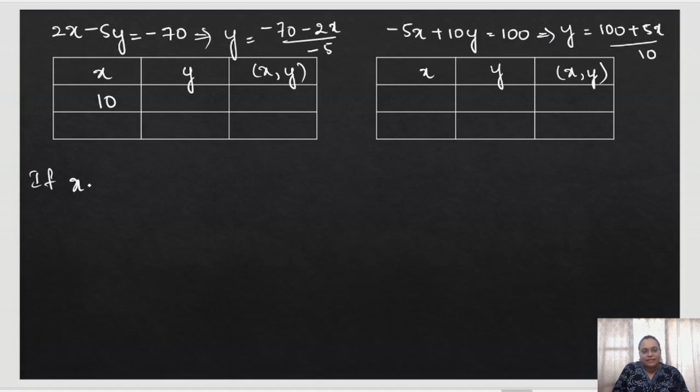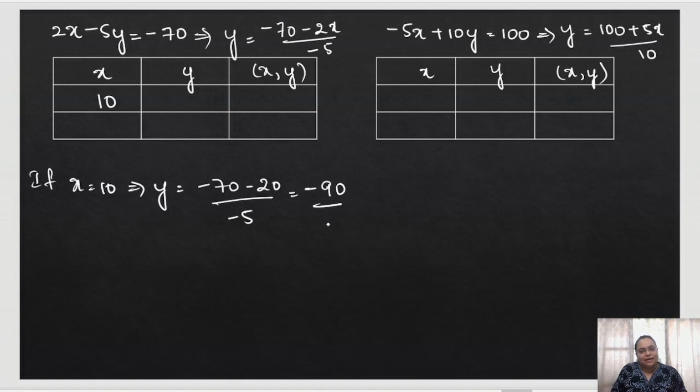If x is 10, then y will be minus 70 minus 20 by minus 5, which is minus 90 by minus 5, which is 18. So the points are 10 and 18. You need to take points such that it is divisible by 5.